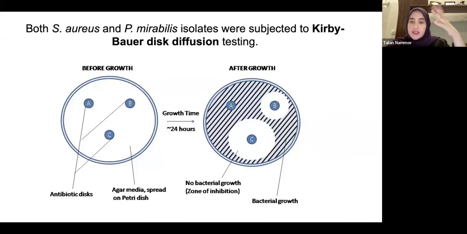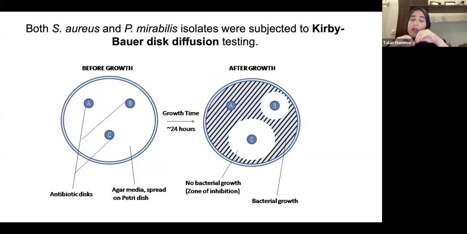And what do I mean by how much is there? So basically you see these lines in here. This is bacterial growth. So this is a place where we know bacteria is there. So let's look at pill A. Around it, we don't have any white area, we have a lot of bacteria. So this means that A has no effect on the bacteria. Let's look at B. There is a white zone around it. And what does this white round zone mean?